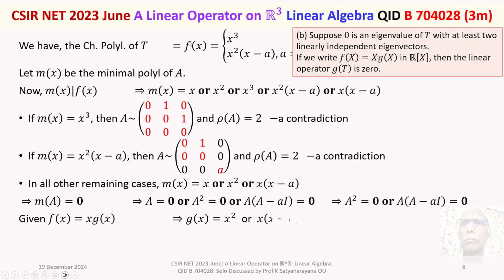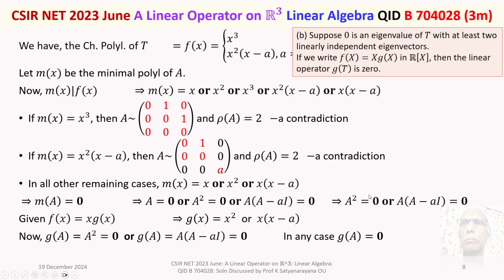Given f of x is equal to x times g of x, look back here. This we have already discussed. This means g of x is x square or x into x minus a. Now see, g of A is A square, which is 0, and g of A is A into A minus a I, which is 0, which we have already seen.